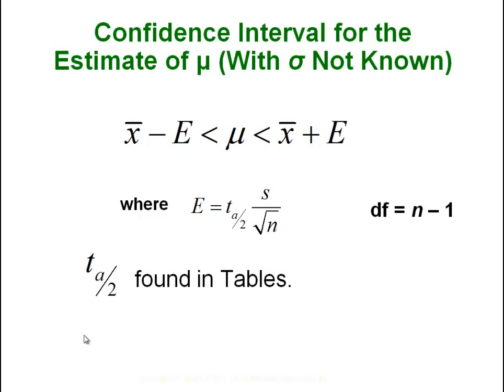Just as we saw before when we were trying to do confidence intervals for our proportions, we can now do a confidence interval estimate of the sample mean using the same idea, only instead of the p hat minus e and the p hat plus e, we're using x bar because we're now dealing with the mean instead of the proportions.